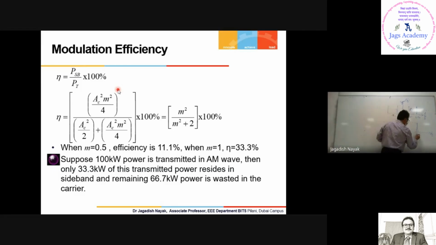This is fc plus fm. I'm going to keep only upper side band, and I'm going to remove all other bands. Here also, same thing will come here. See, in frequency domain, whatever I draw on the positive side, same thing will come here. Okay, same thing will come like this. Right? Have you understood this?